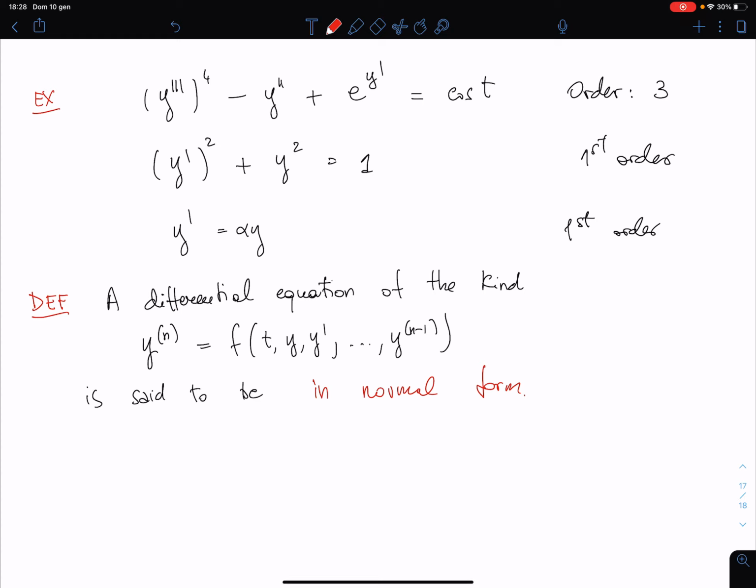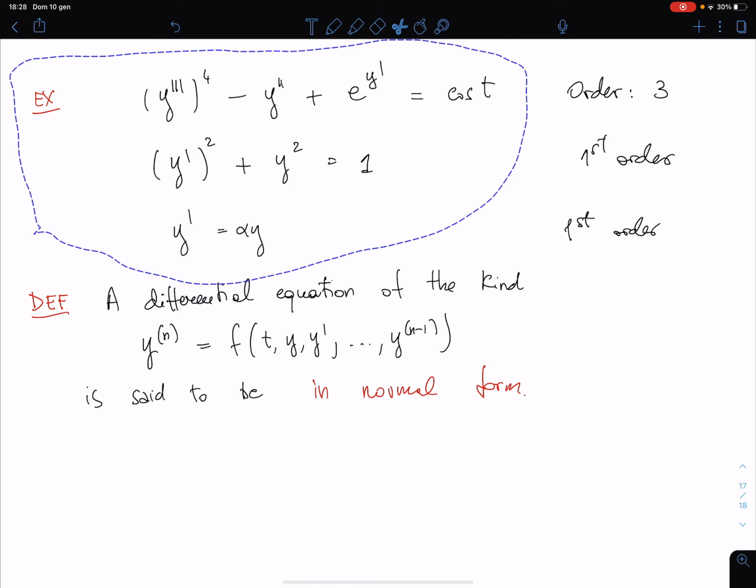What does it mean? It means that the highest derivative that gives the order is isolated from the rest. So let us see the previous examples here.